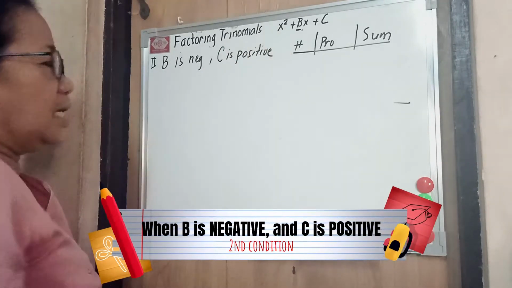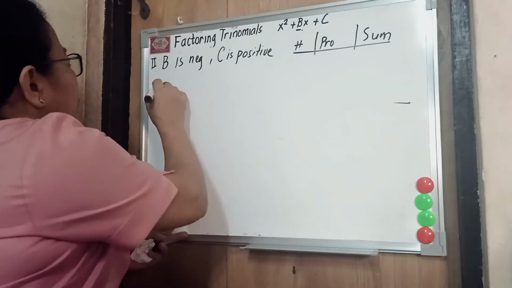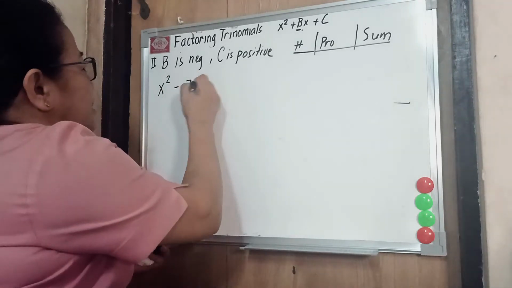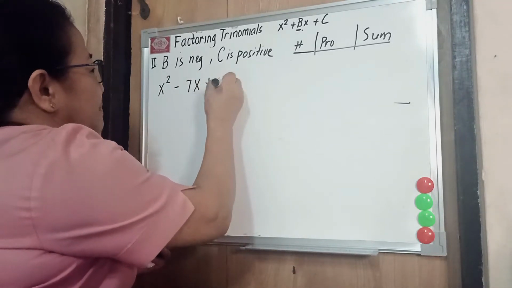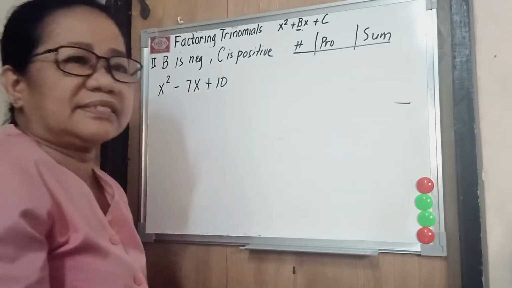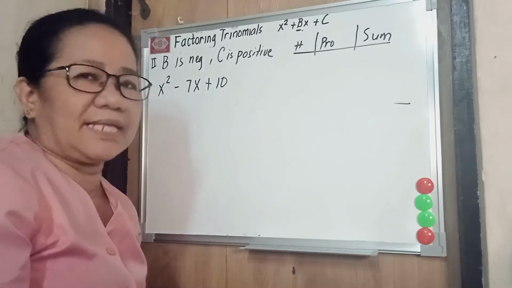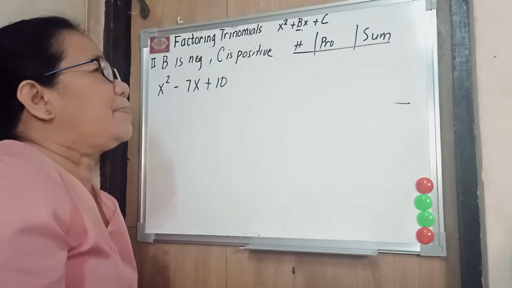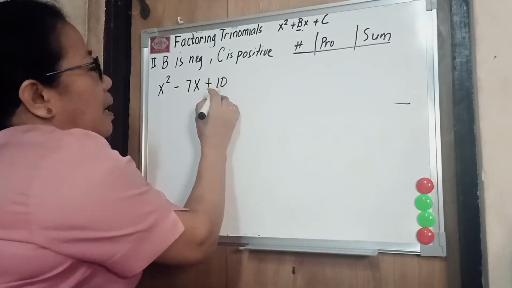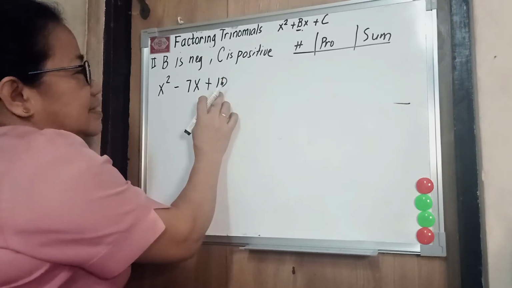Let us have an example for this. We have x squared minus 7x plus 10. When b is negative and c is positive, it means that both numbers must be negative. So we are going to find the factors of your c, which is 10.